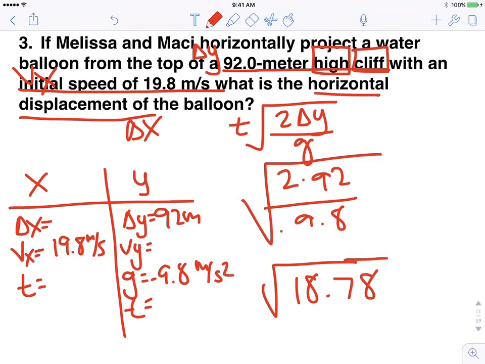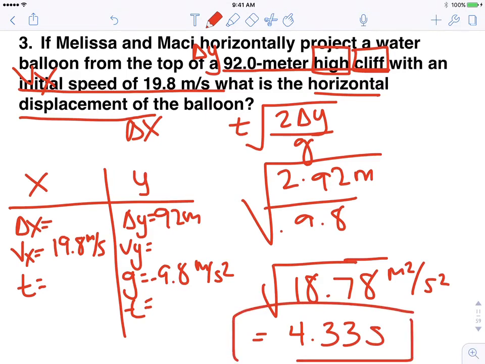Well, we have up here meters and meters per second. So we have meter squared and second squared. Okay, the square root, 4.33 seconds.